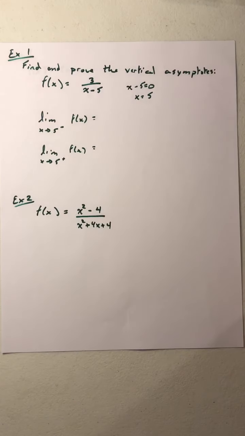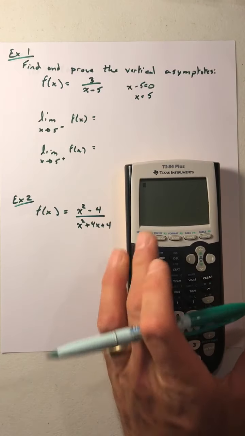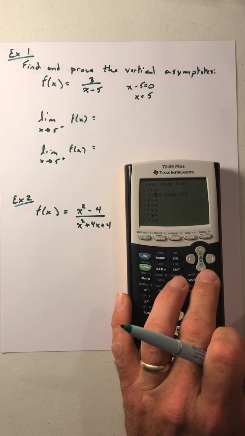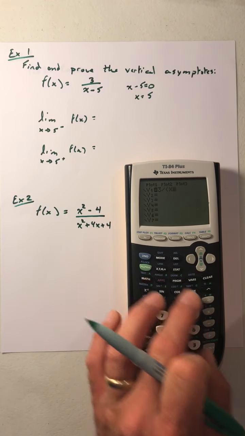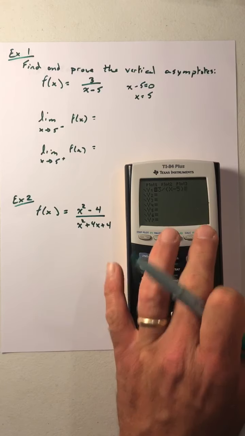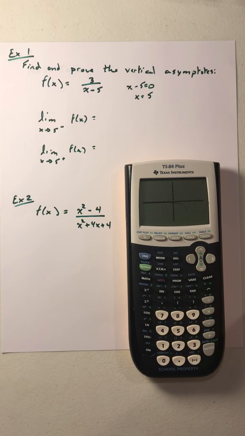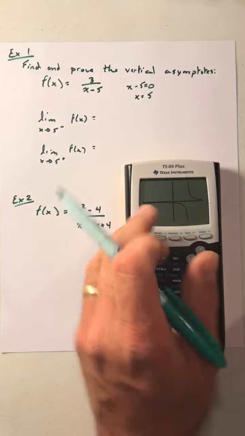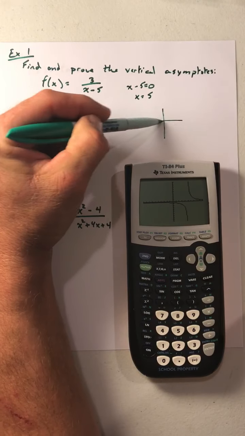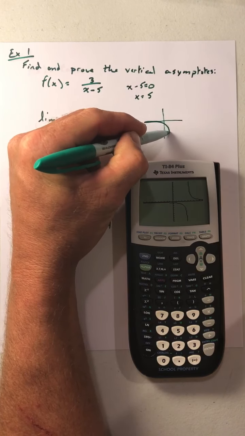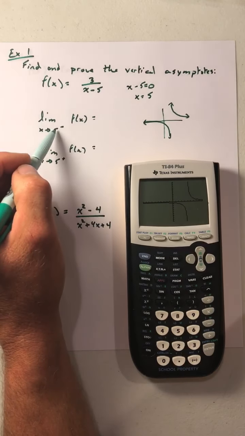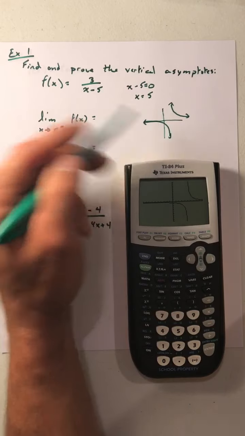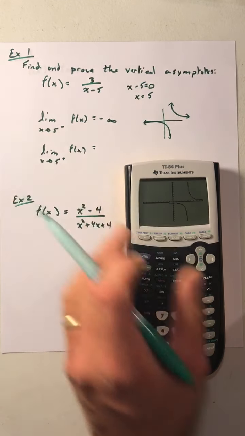And remembering, we can use the graphical representation of this. So I'm going to pull out the calculator. We're going to have 3 divided by x minus 5. Looking at that graph, we see something that looks like this. As we get closer to 5 from the negative side, we go to a negative infinity.